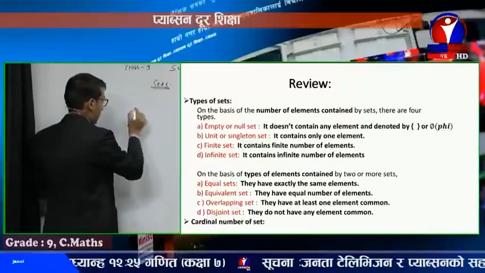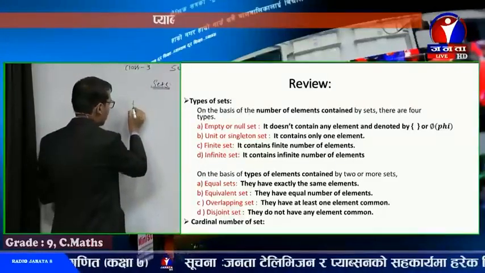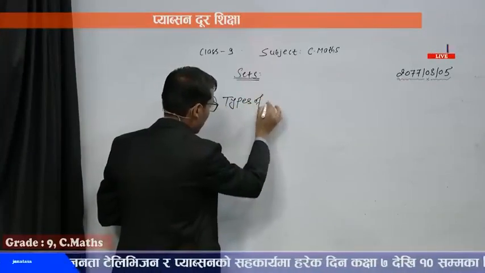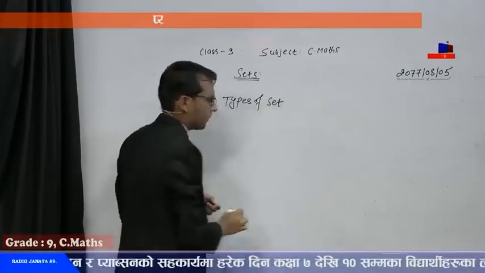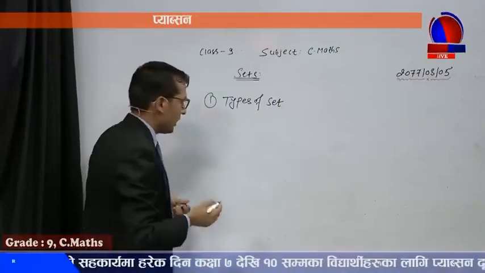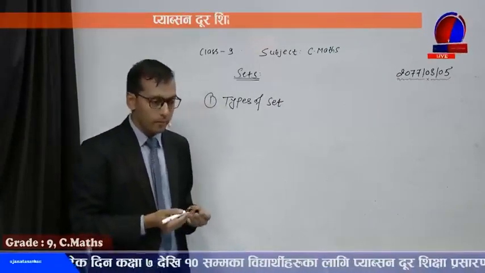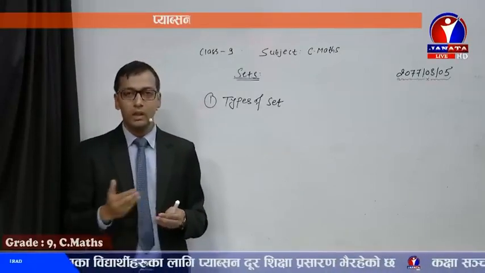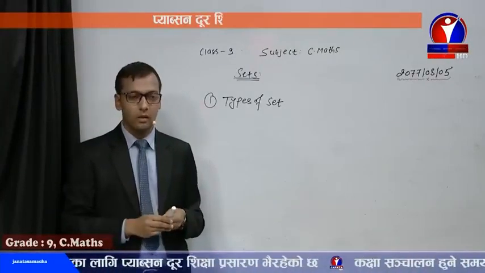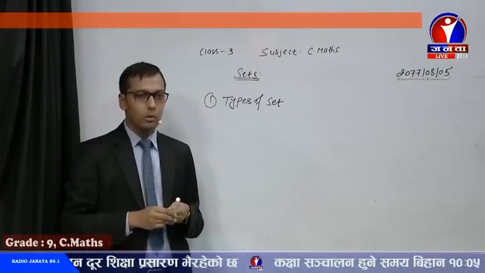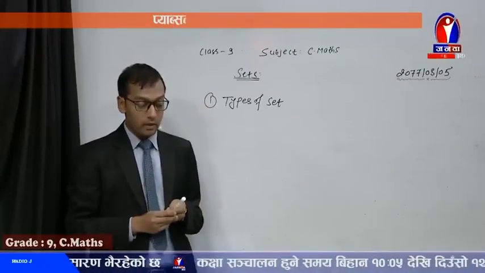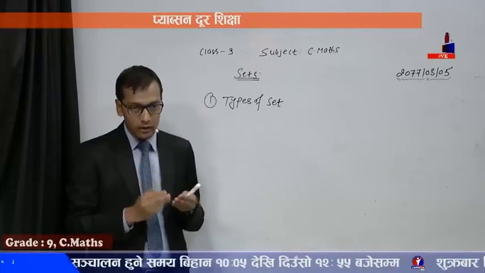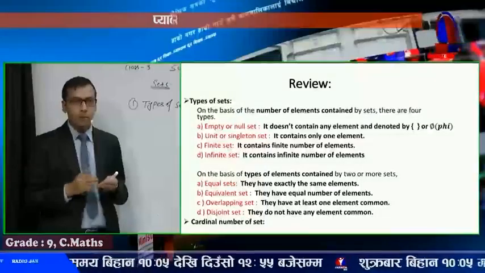Okay, so the topic I am taking now is types of set. There are various types of set. I may not discuss all the types of set, but I will try to discuss some of them, because this is not so important a topic for us. This is the topic that you have already learned in lower grades.